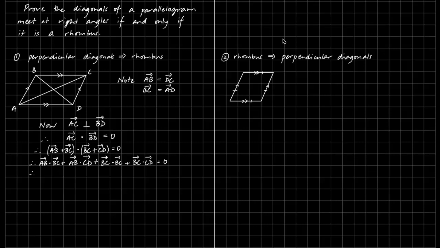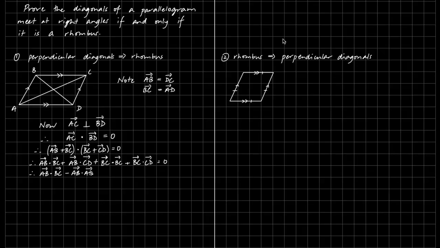So let's go through and simplify where we can. We've got AB dot BC. Now AB dot CD, well, we said that CD and AB were equal in magnitude, so CD is actually just AB in the opposite direction, isn't it?